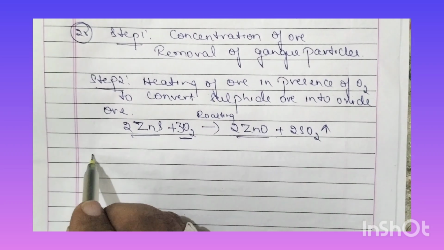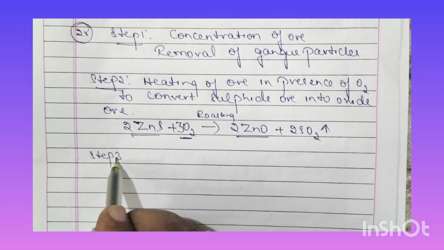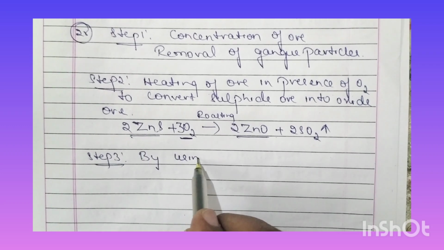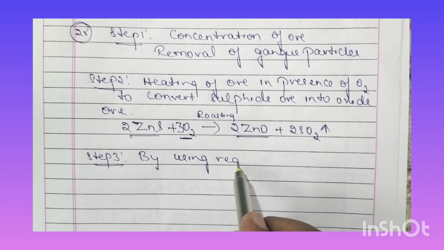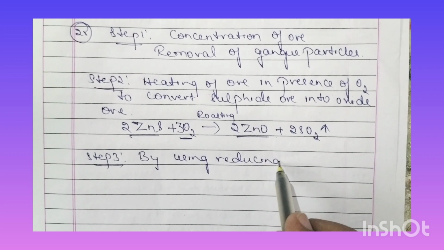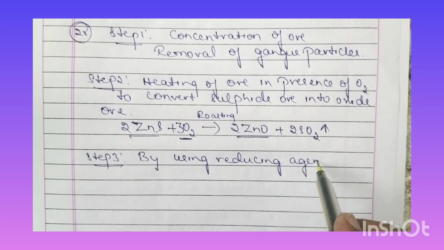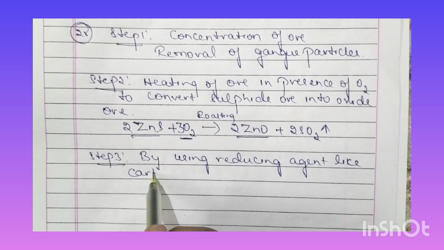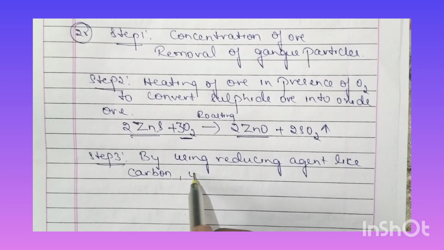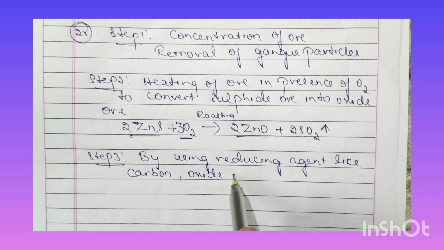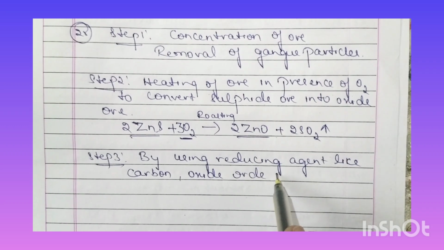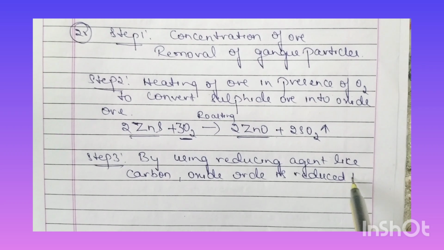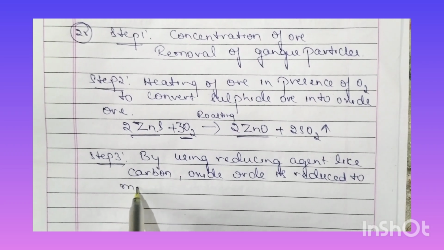Then step number 3, by using a reducing agent like carbon, the oxide ore is reduced to metal.